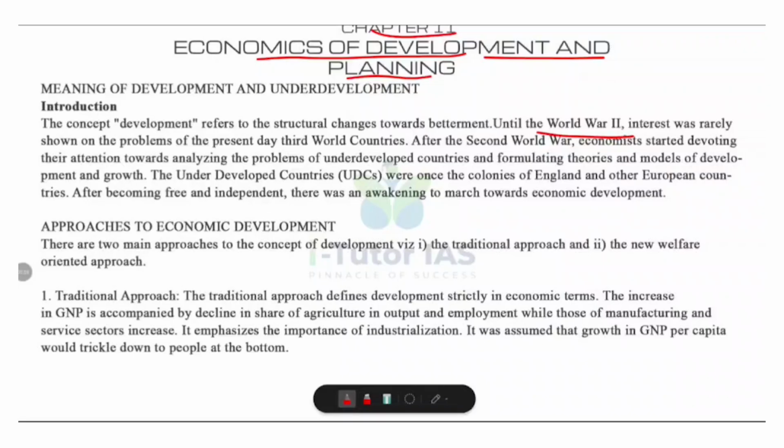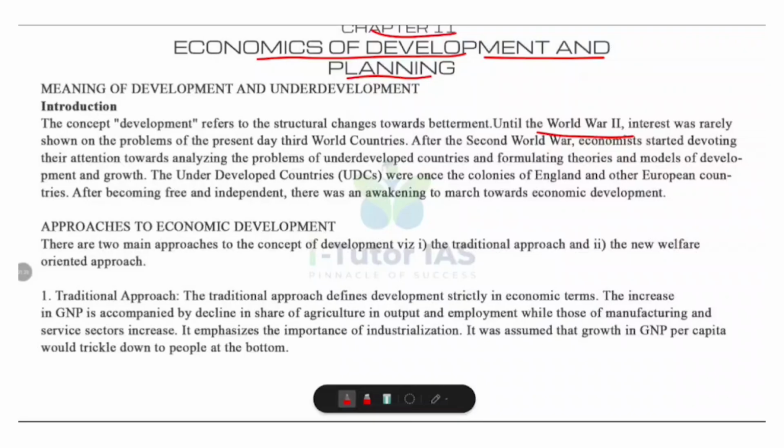Economists began to focus on the challenges of countries that were newly independent. These nations were facing problems like low income, poor infrastructure, higher poverty, and little industrialization. As a result, economists started developing theories and models of economic growth and development to help these nations progress.